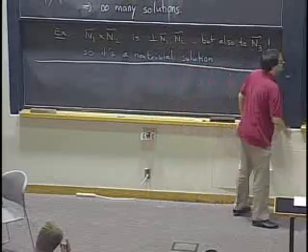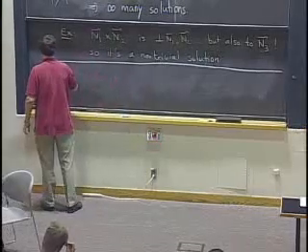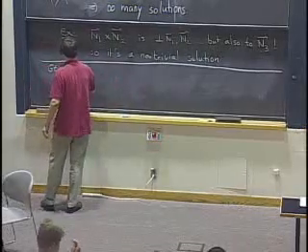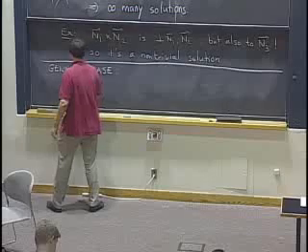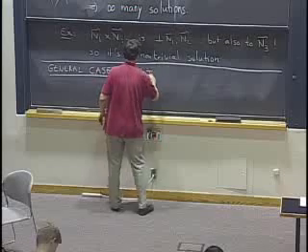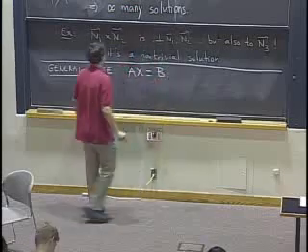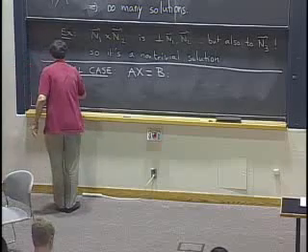And then let's finish with the other case, the general case. So if we look at a system AX equals B, with B now anything, there are two cases.